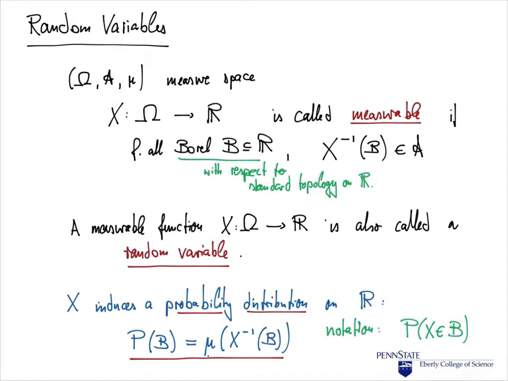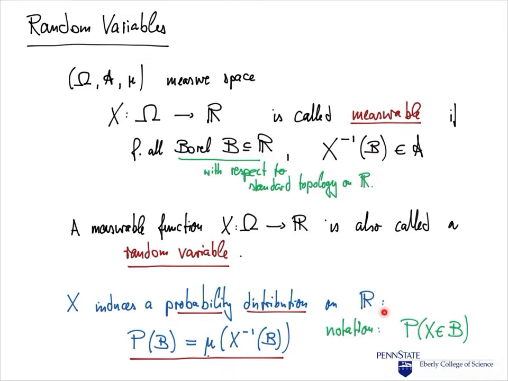And any measurable function or random variable X of that sort induces, in fact, a probability distribution on R, just by pushing forward the probability distribution from our measure space to the real numbers, namely by defining P of B, where B now is a Borel set in R, to be the same as mu, the measure of the pre-image. So this pushes forward the probability or the measure from our space omega to R.